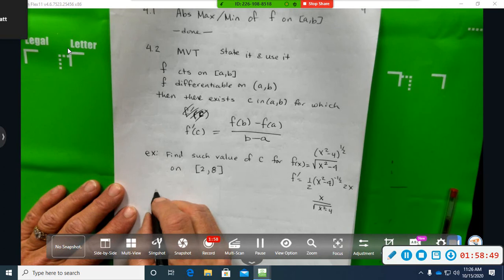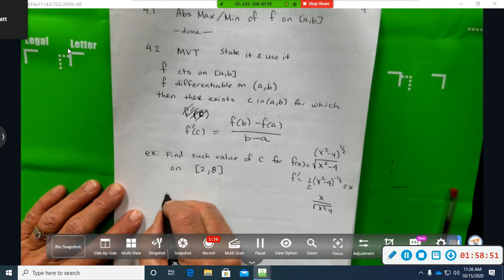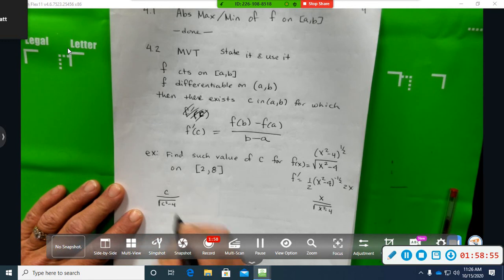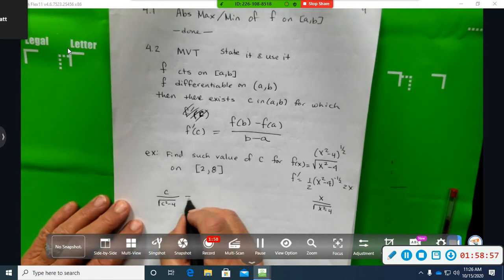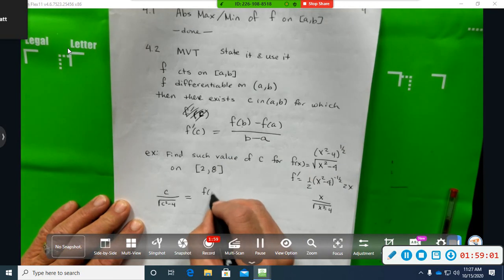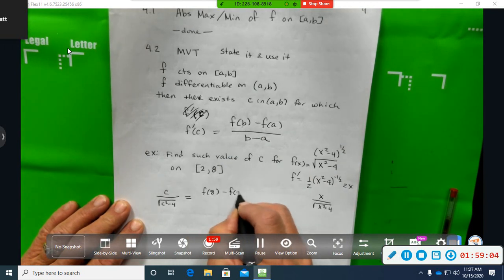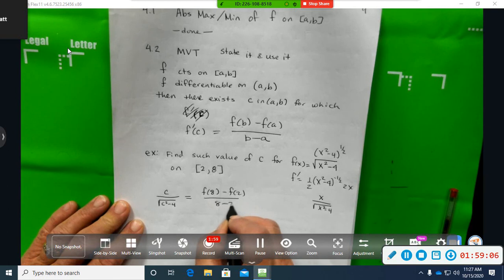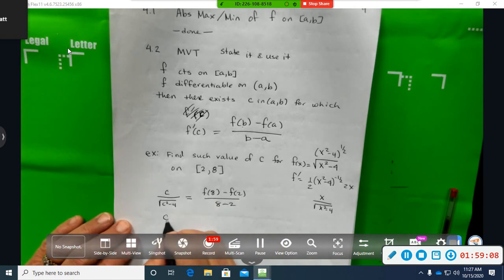So I'm going to put a c value in here. C over the square root of c squared minus 4. Now over here I want f of b, which will be f of 8, minus f of 2 over 8 minus 2. I might have given you something too hard to solve.